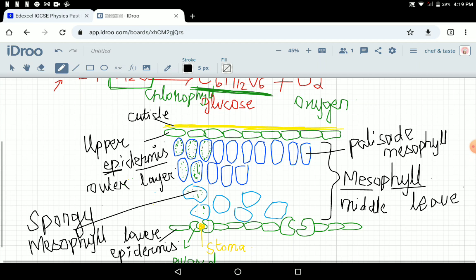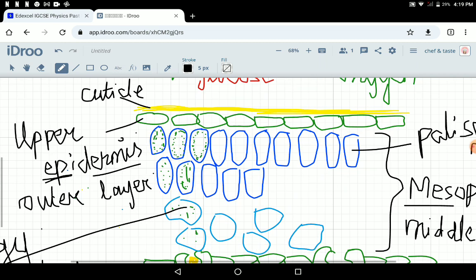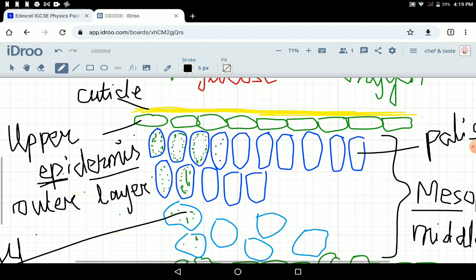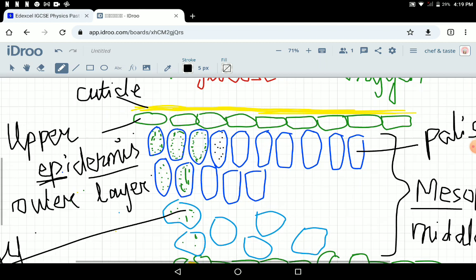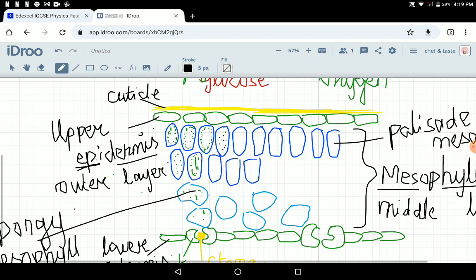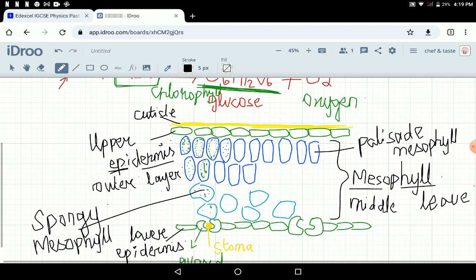Spongy mesophyll contains a lower number of chloroplasts, while palisade contains a high number of chloroplasts. Chloroplasts contain chlorophyll, and chlorophyll captures sunlight, and this sunlight gives energy to drive the reaction of photosynthesis. These green dots represent chloroplasts, which contain chlorophyll. Basically, it is the palisade mesophyll layer where photosynthesis takes place.